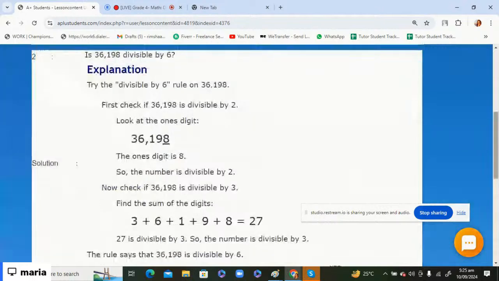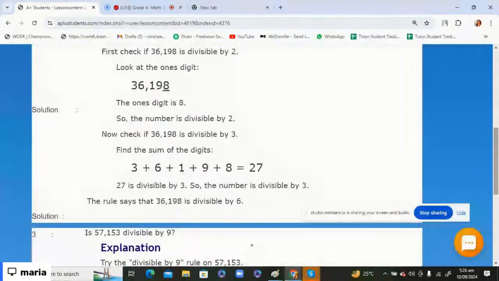Is 36,198 divisible by 6? 198. So 60 is divisible by 27.